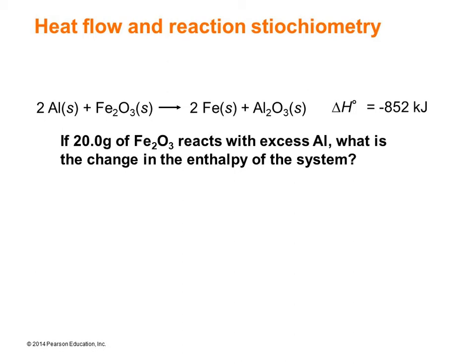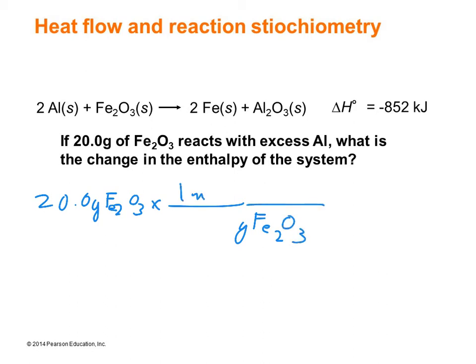Well, we've got one number to start with, 20.0 grams of rust. I don't want grams of rust, so the first thing I'm going to do is get rid of them. The only thing I ever know about grams is molar mass. So I go over to my periodic table.